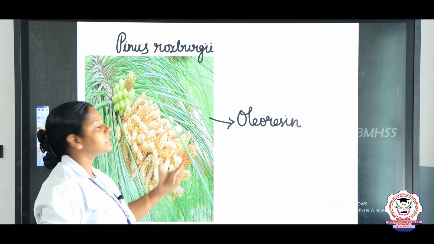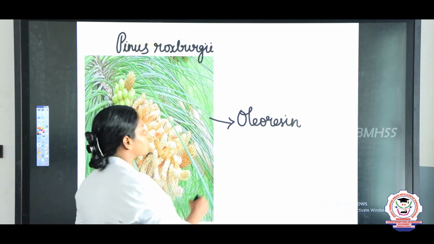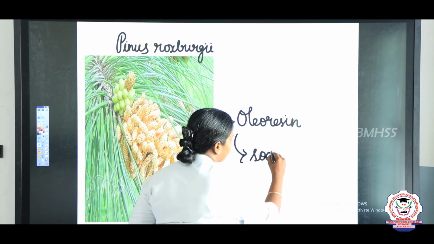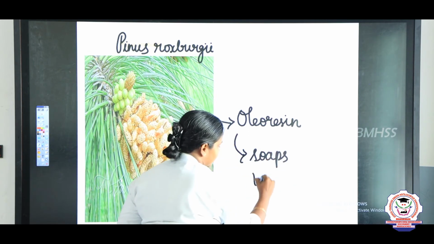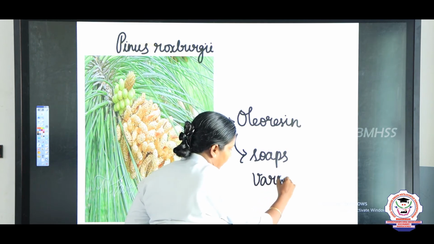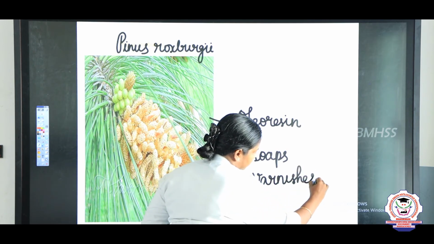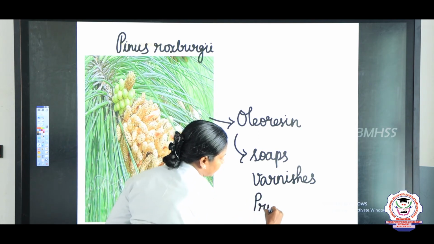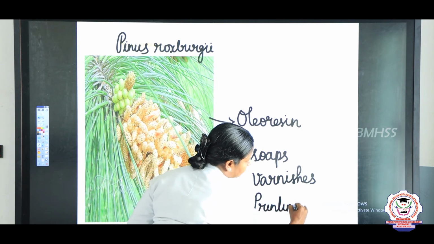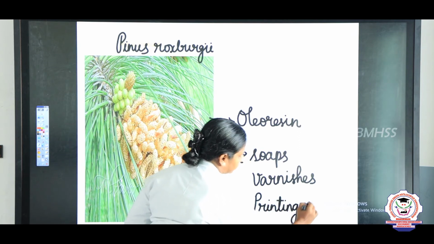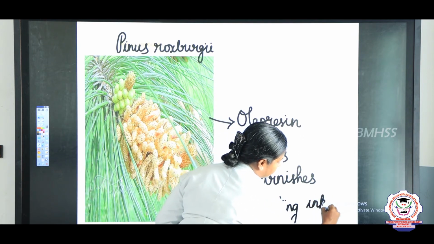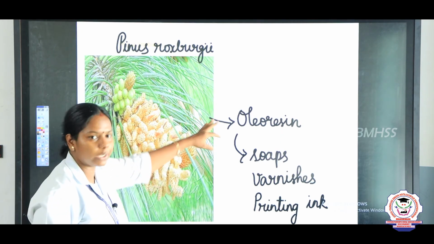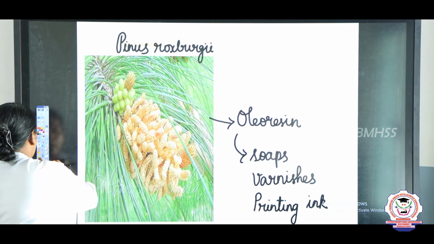This oleoresin is used for the preparation of soaps, varnishes, that is turpentine, varnishes, and printing ink. Printing ink is also obtained from this plant. So, what is obtained from Pinus roxburghii, children? Oleoresin.